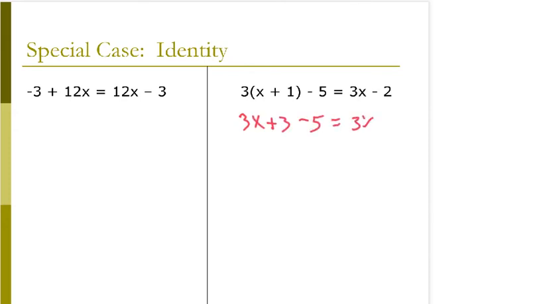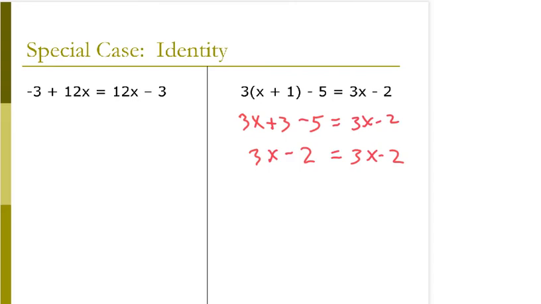So when we combine our like terms, 3 take away 5 is a negative 2, and we're going to rewrite that as subtract 2. So this would be 3x subtract 2 on that side, and we already have 3x subtract 2 on that side. We don't have to do all the work we did in the previous one, because we know it's going to be exactly the same thing.